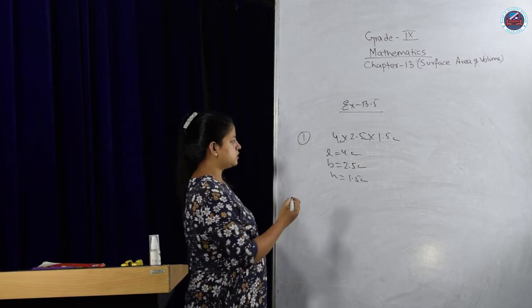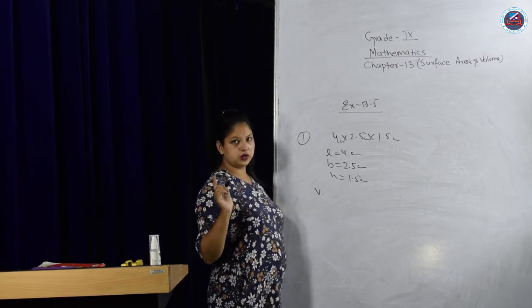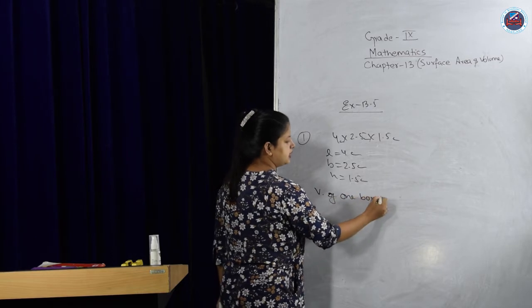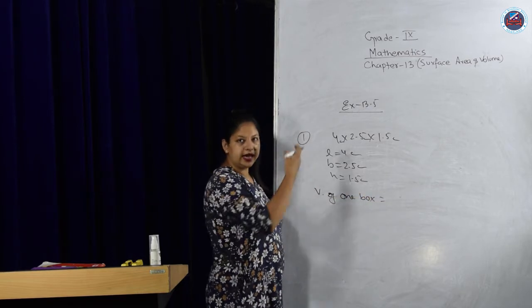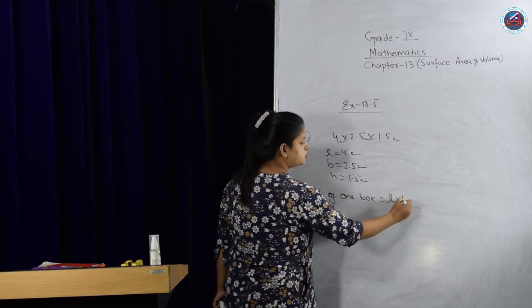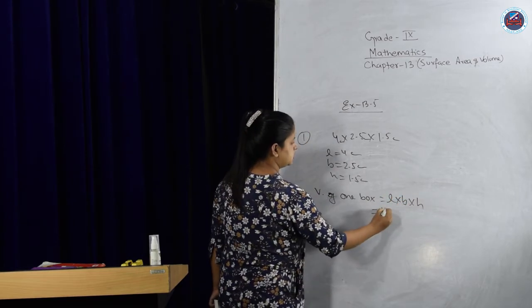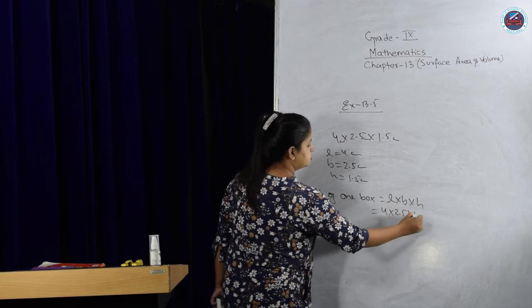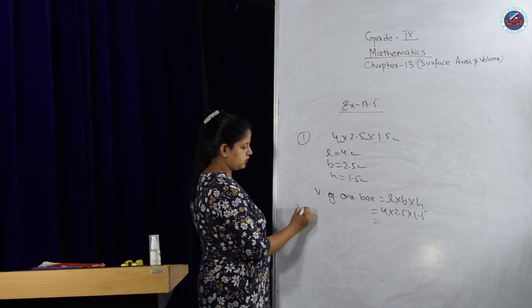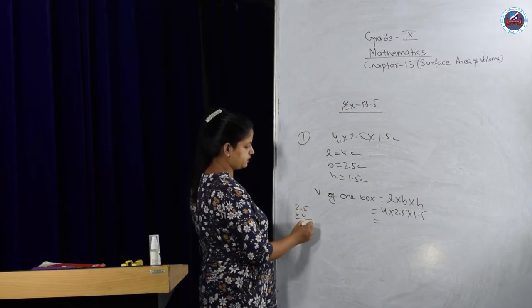Okay. So we will find volume of one box first. Volume of one box. That would be volume of cuboid. l, b, h given, so obviously cuboid will use. That is l into b into h. 4 into 2.5 into 1.5. Multiply them. 2.5 into 4.